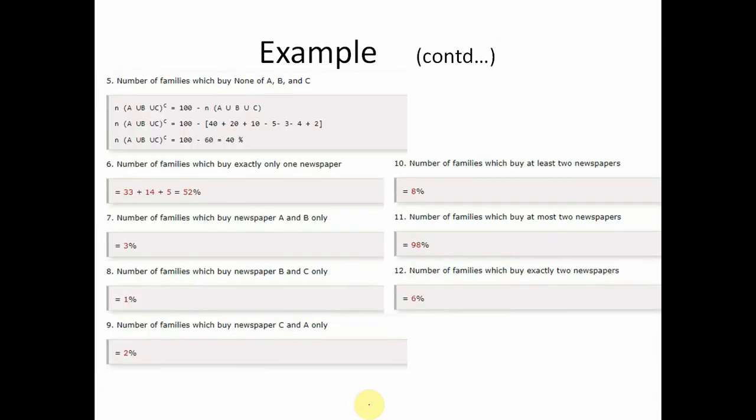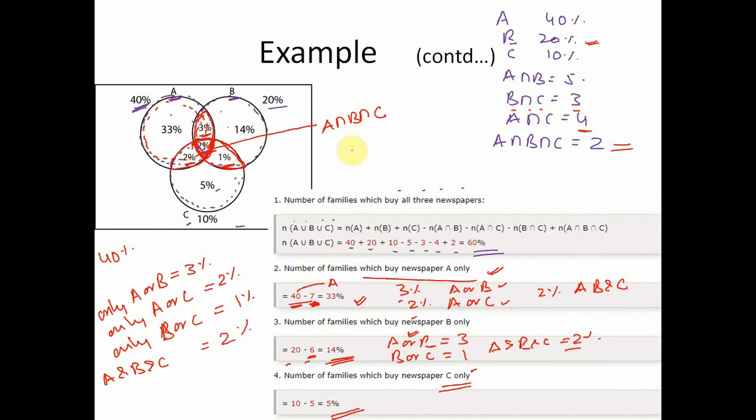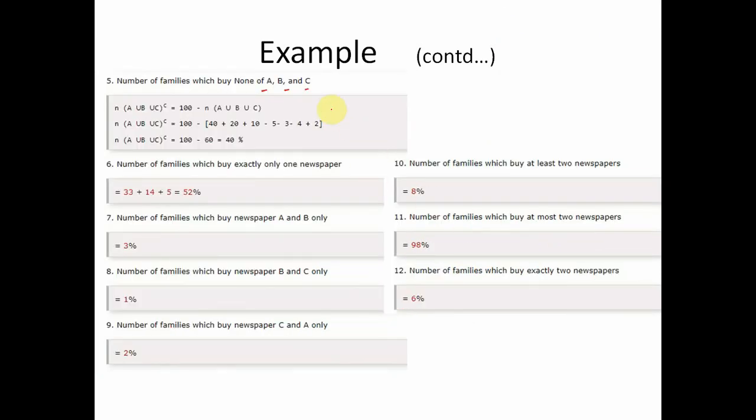Right? Then number of families who buy none of A, B and C, who do not buy any of the newspapers. See, I have found out the number of families who buy all the newspapers is 60. So the number of families who do not buy any of the newspapers will obviously be 100% minus 60%, that is 40%.